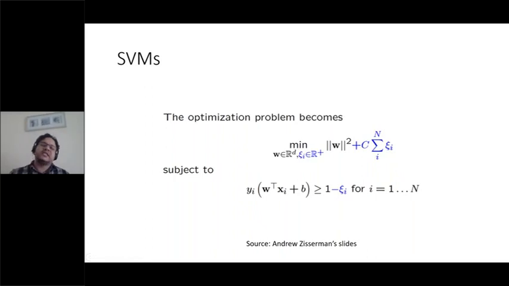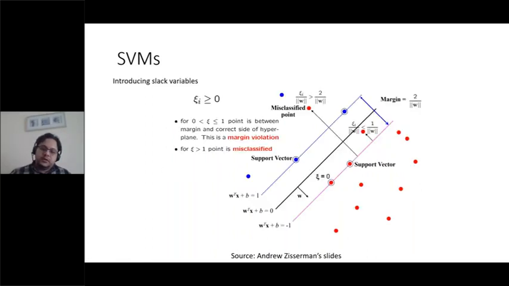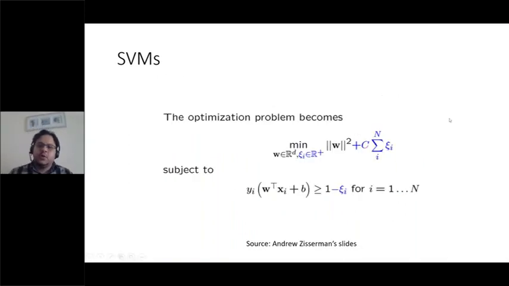So the W's will drive the value toward a maximum margin, but the errors will drive the value in the other direction. The higher the error, the worse the outcome. So when we minimize this, we are trying to minimize this part and this part, both of them, because it's the sum. If we minimize this, we get the highest margin, and if we minimize this, we get the lowest possible errors.